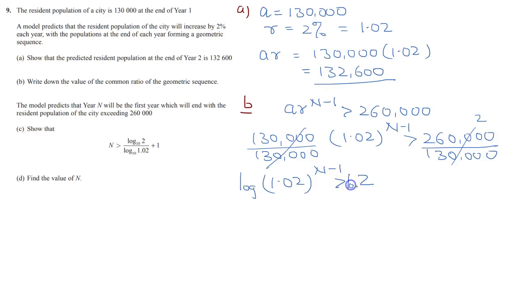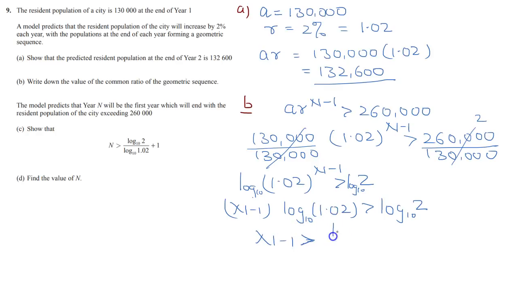You can write the base 10, that is up to you. So that is N minus 1 times log 1.02 is greater than log 2. So N minus 1 is greater than log 2 base 10 over log 1.02 base 10.